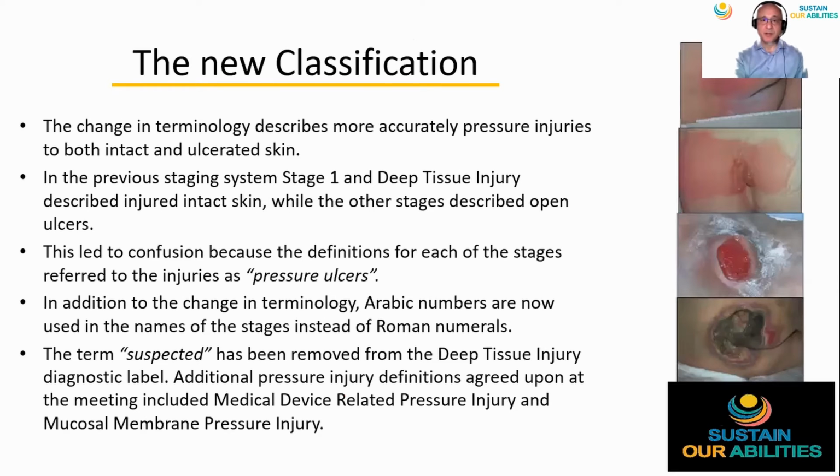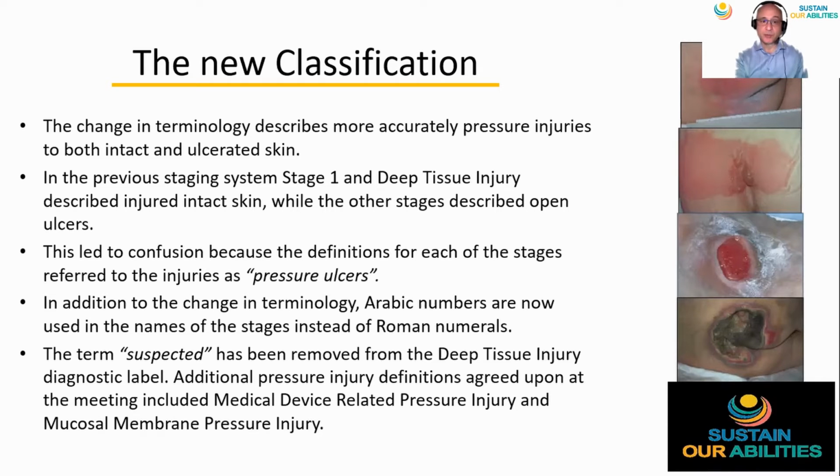Some discussion about the new classification. The change in terminology describes more accurately pressure injuries to both intact and ulcerated skin. In the previous staging system, stage 1 and deep tissue injury described injured intact skin, while the other stages described open ulcers.